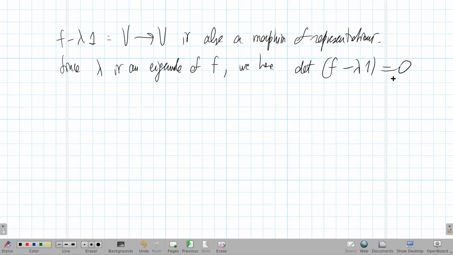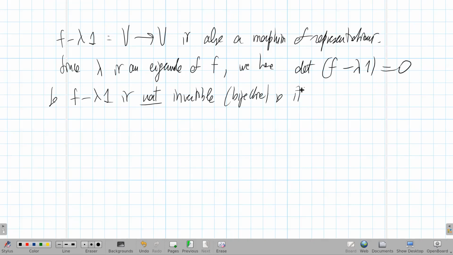Isomorphism means invertible. So F minus lambda 1 is not invertible, not bijective, because of course this would have meant a determinant different from 0. So it's not an isomorphism.